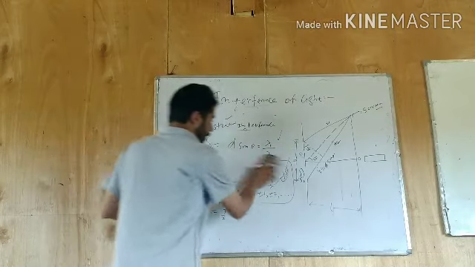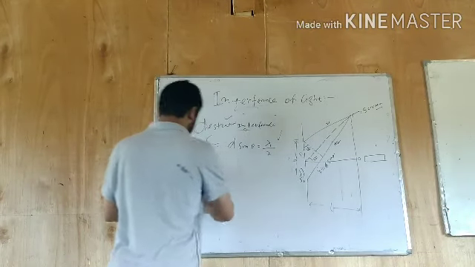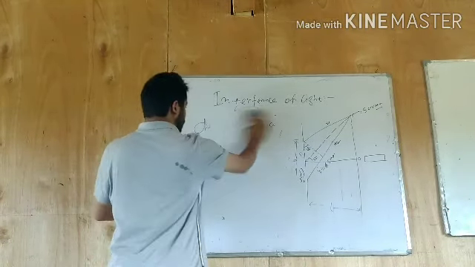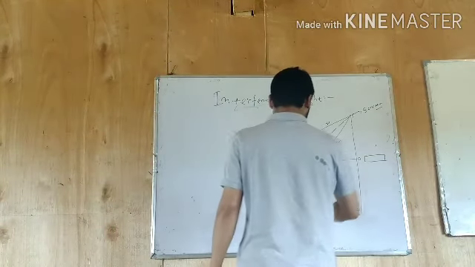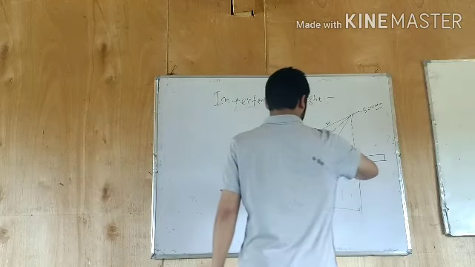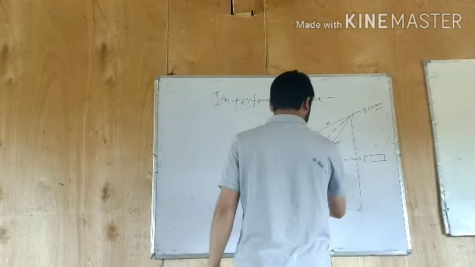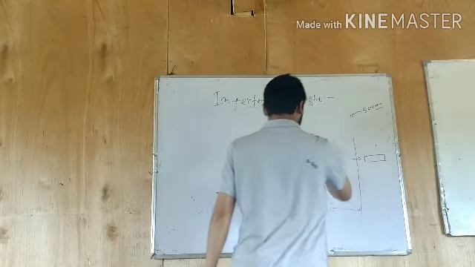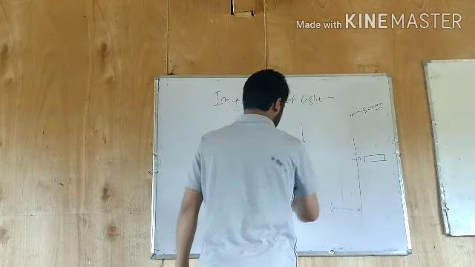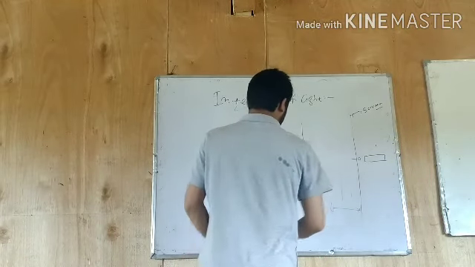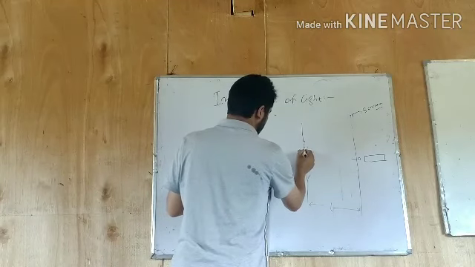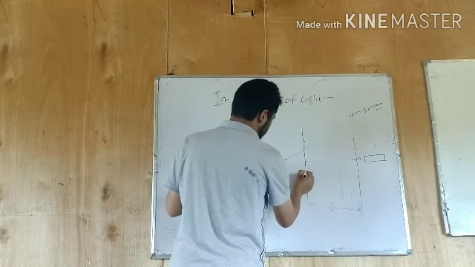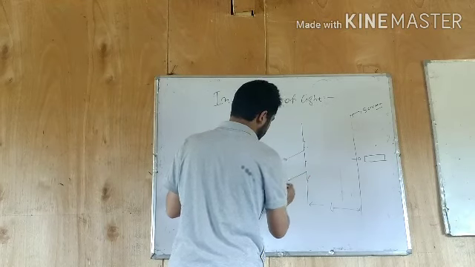Okay, let me do a simple problem regarding this concept. Let's suppose I make the two incoming rays like this, and there's another ray like this.